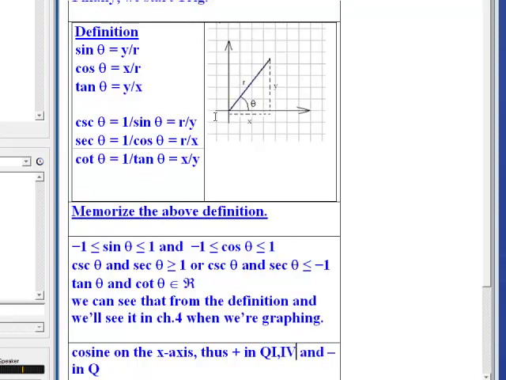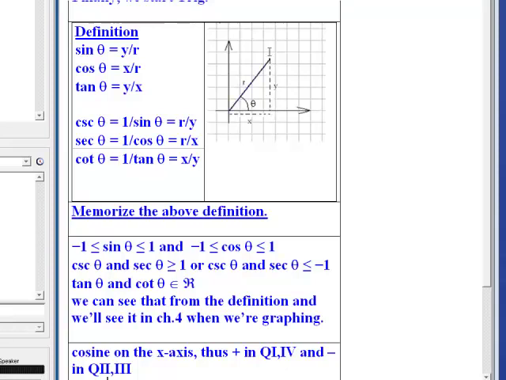When the x is negative, that means in the negative direction here, and that means in the second quadrant and the third quadrant, the cosine is negative. The r, the radius here, is naturally positive, so as we divide the positive x or negative x by the r, it doesn't change the sign of the x.